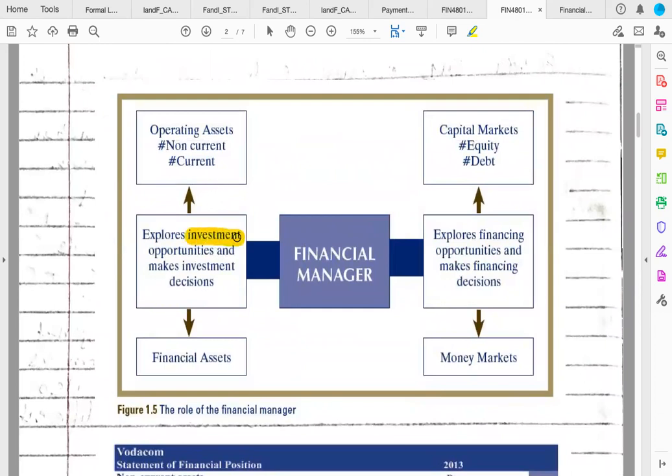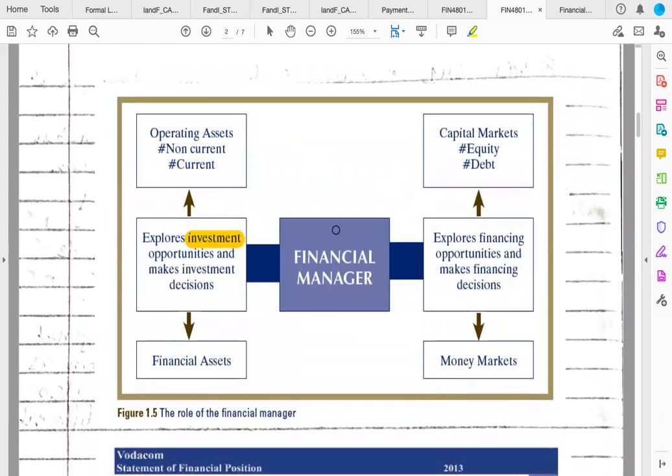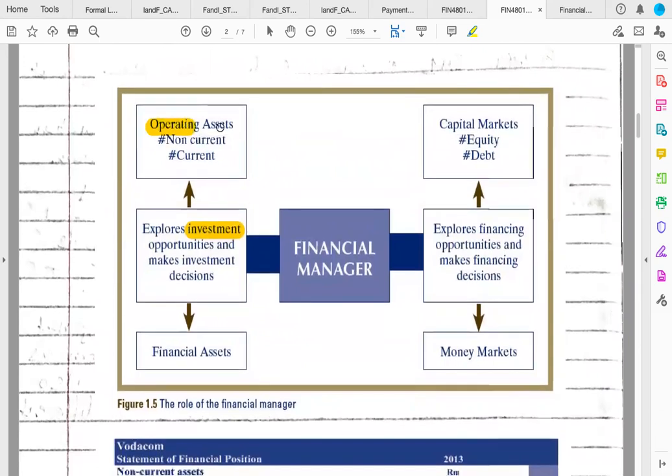Like I said, investment decisions are about where to spend money. Remember, a company will want to spend money to try to generate a return for shareholders. And the company can either invest in operating assets or in financial assets.